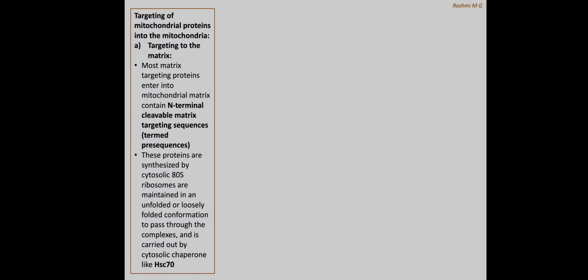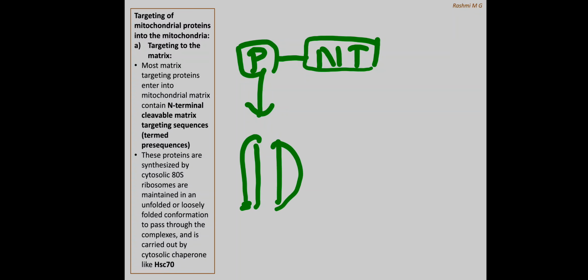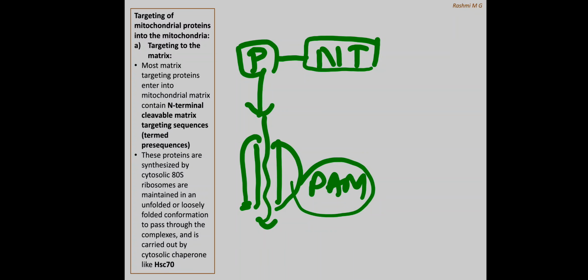So, our protein, with the help of the N-terminal cleavable matrix targeting sequence, has entered into the TIM complex. What happens here, as PAM is associated with this TIM complex, the mtHSP70 is a component of PAM, right?